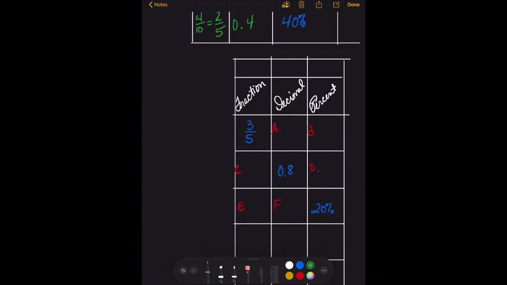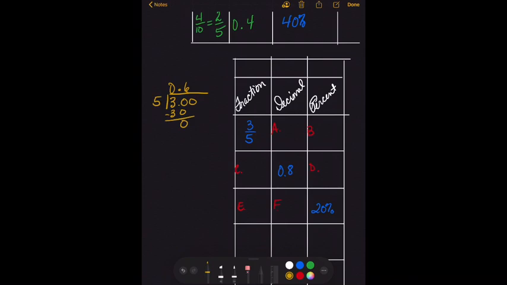So 3/5. There's more than one way to change 3/5 to a decimal. We could come over to the side and divide 3 by 5, like so. 5 doesn't go into 3, but it goes into 30 6 times. 6 times 5 is 30, with 0 left over.